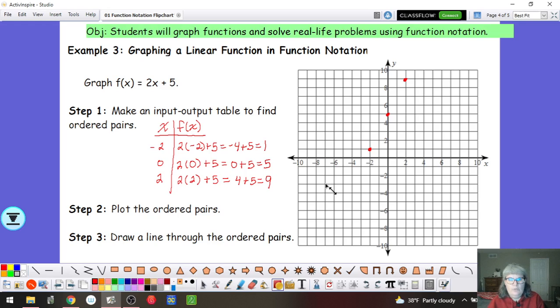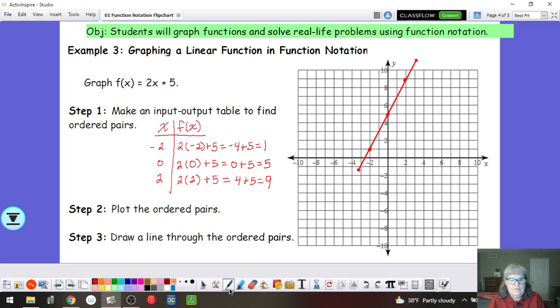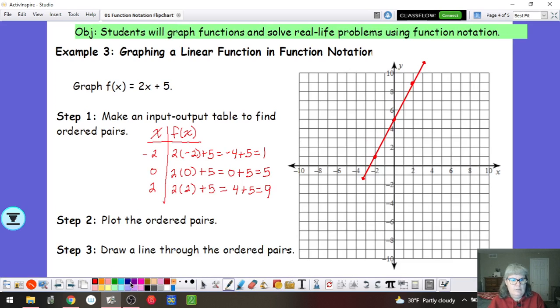I'm going to put it in red. And I can graph a line that goes through those points. So that line is representing the function. This line represents the function f of x equals 2x plus 5. So that's the graph of the function.